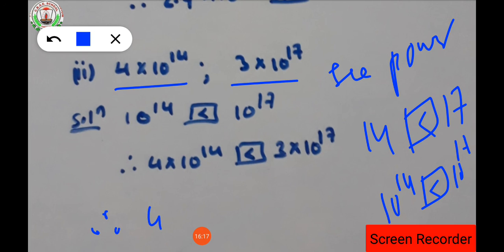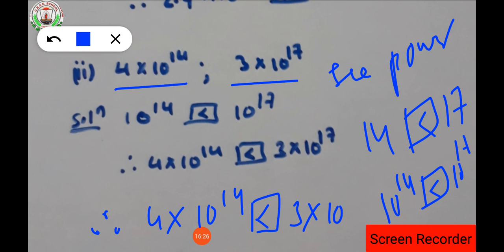Therefore 4 into 10 to the power 14 is a smaller number, or we can say that 3 into 10 to the power 17 is greater than 4 into 10 to the power 14. So up to here clear everyone?